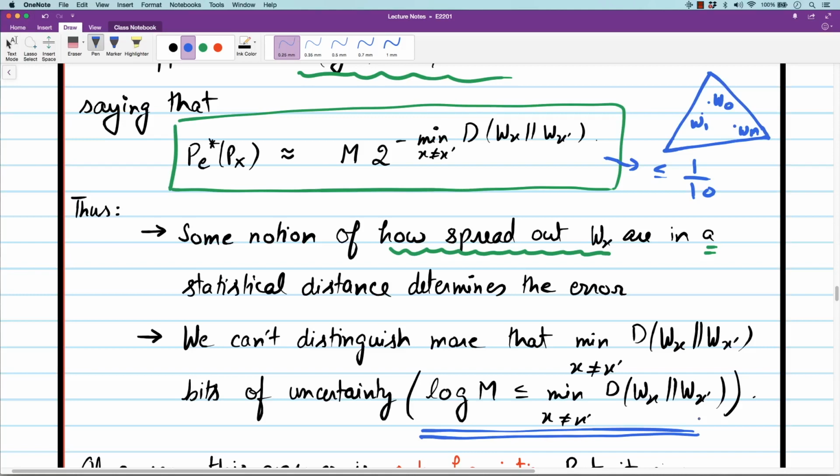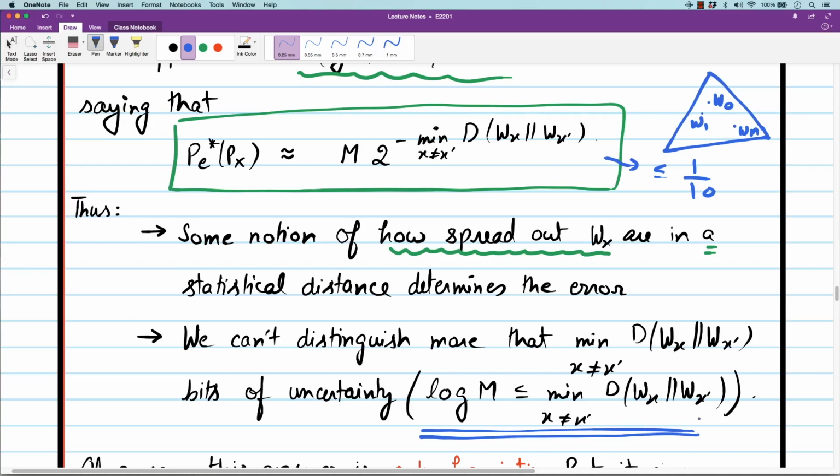This is a very interesting perspective. Rather than asking what is the best probability of error you can get, we are asking, for a given probability of error, how many hypotheses can you distinguish for this channel W? This is a very important notion, and these kinds of questions can be answered in information theory. So the heuristic calculation suggests that you cannot distinguish more than this minimum pairwise distance between x and x prime. So the log of the number of hypotheses you can distinguish is no more than this minimum distance.